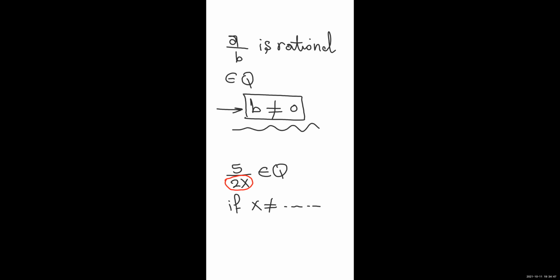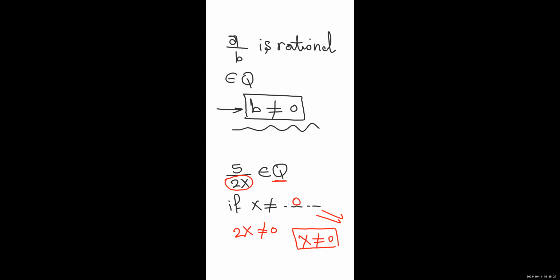This will be a rational number if x is not equal to what? We write down the denominator: 2x not equal to 0. This is my rule, because b is not equal to 0. So if 2x is not equal to 0, then x is not equal to 0.